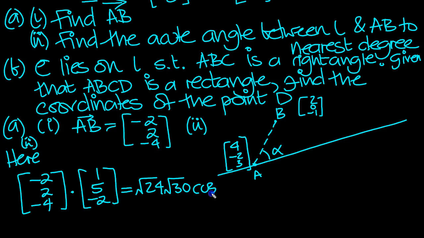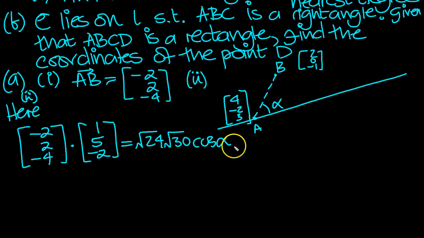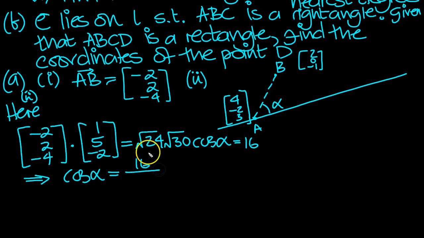Cosine of the angle, there's the dot product rule there. So that tells us what cosine alpha is. If I do the dot product here, -2 plus 10, so that's 8, plus 8 is 16. So cosine alpha will be 16 over root 24 root 30. So that tells us what alpha is.